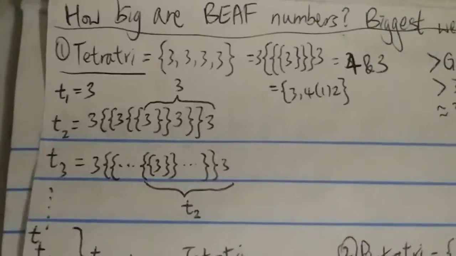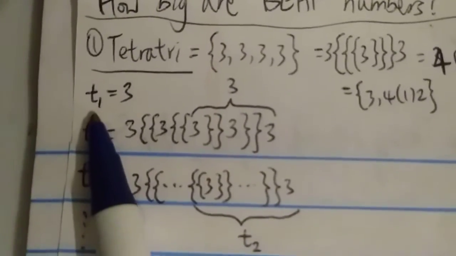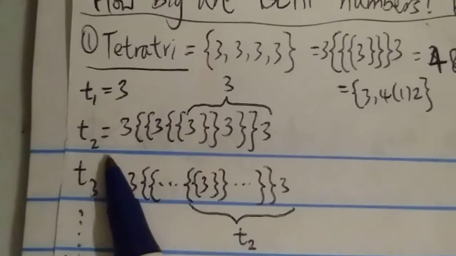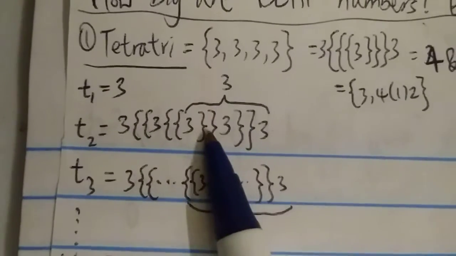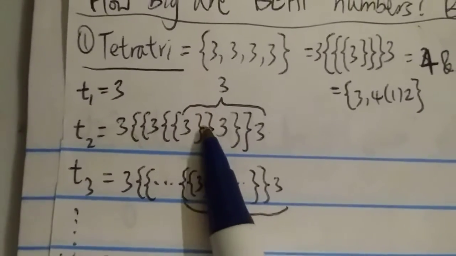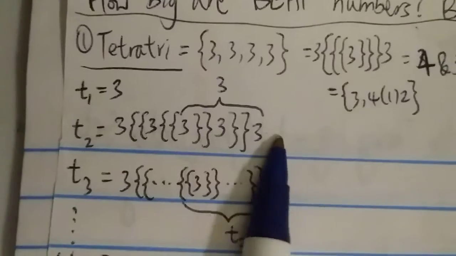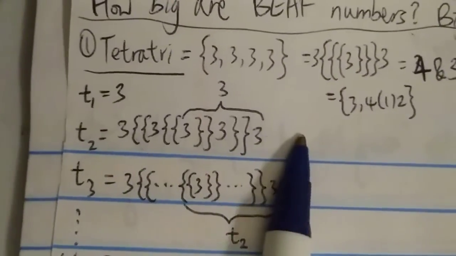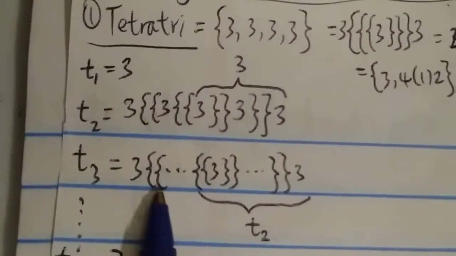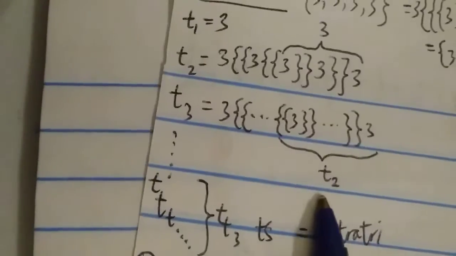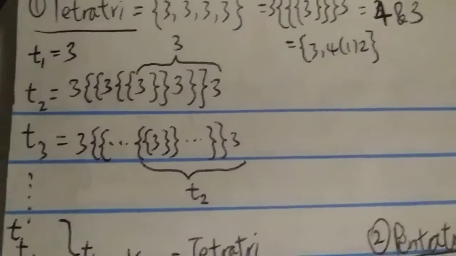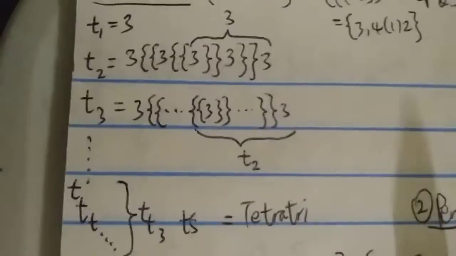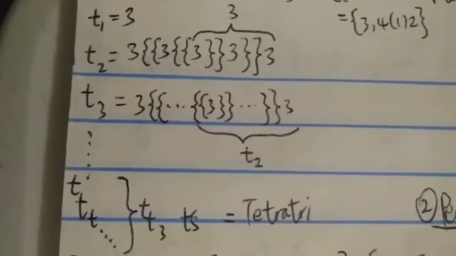Another way to look at how big this is: let's say t1 is 3, t2 is this number over here, with three threes from the center to the last three, and t3 is this many threes with t2 number of t's from here to here. So it's pretty crazy already at t3.